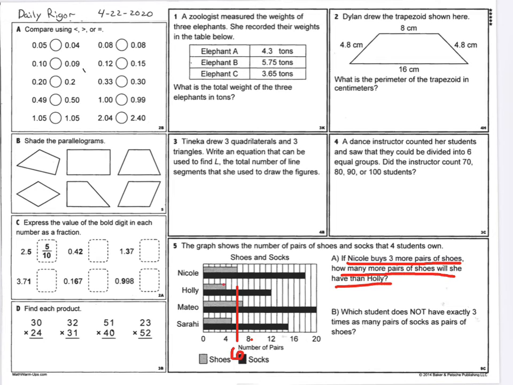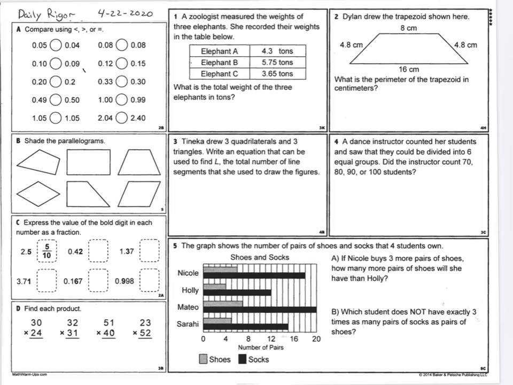And Holly has exactly 4. So if Nicole buys 3 more pairs, so she has 6, she buys 3 more pairs, how many more pairs is she going to have than Holly? All right?